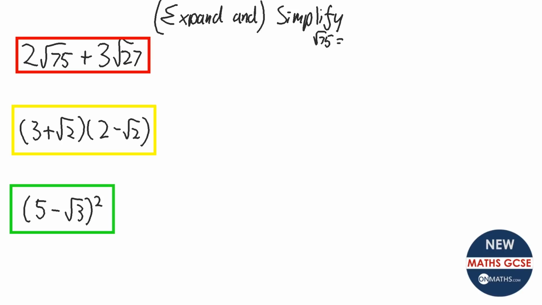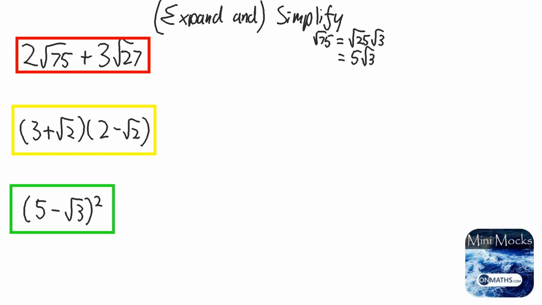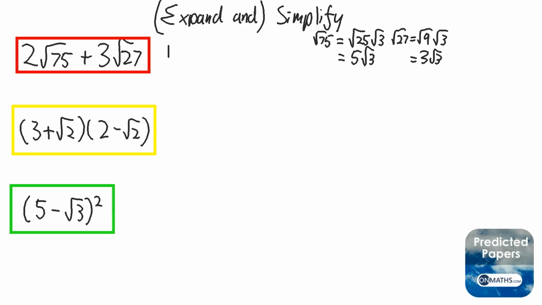I know that root 75 is the same as root 25 times root 3, so that makes that the same as 5 root 3. And I can do the same with root 27. That's root 9 times root 3, and so that's 3 root 3. Now the first term isn't root 75, it's 2 root 75, so instead of 5 root 3 it's going to be 10 root 3.